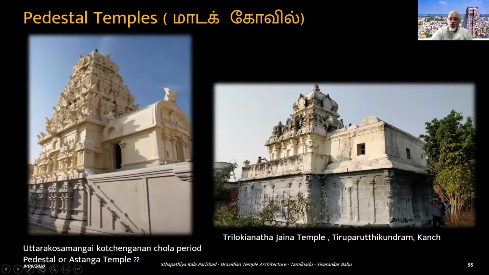We enter here through a staircase, go to the front, and from there we can go through the prakara. So this is filled. This is a different style. There are around 50 to 60 such temples strewn around the Tanjavur area, the Kaveri belt, and some are there in the Pallava and Pandya region.